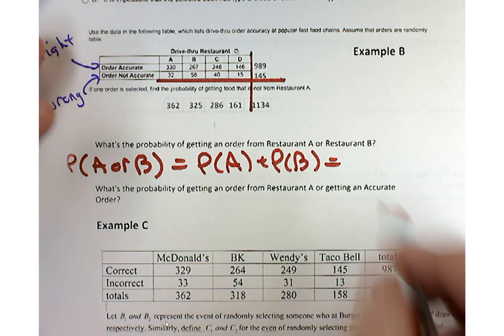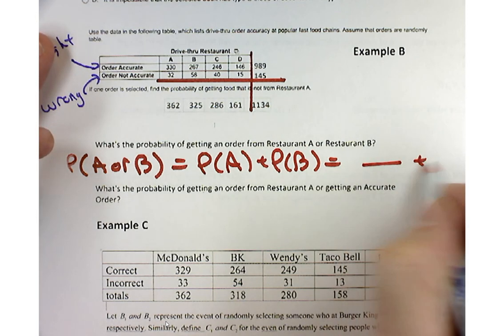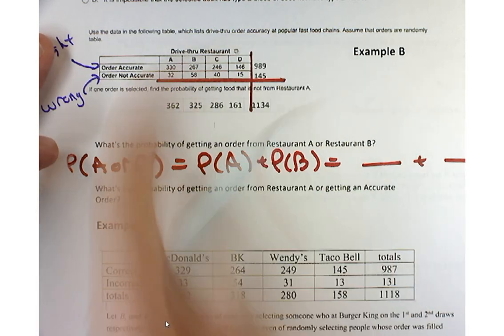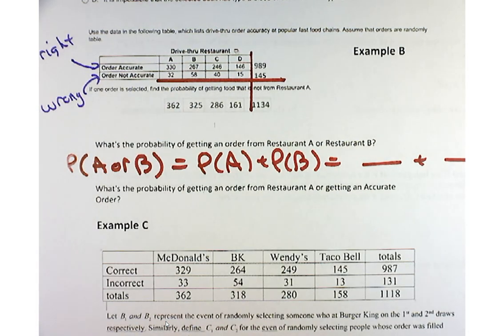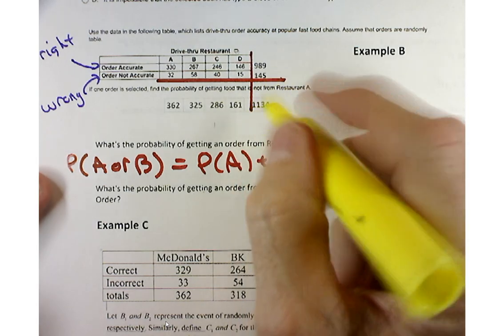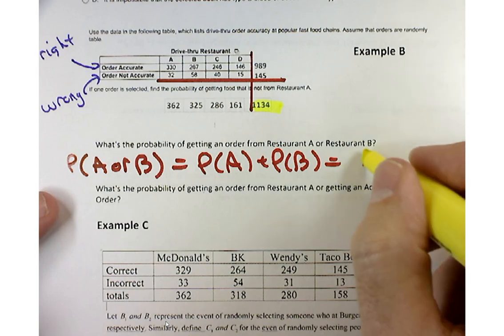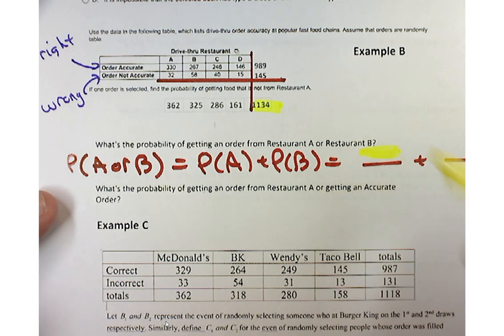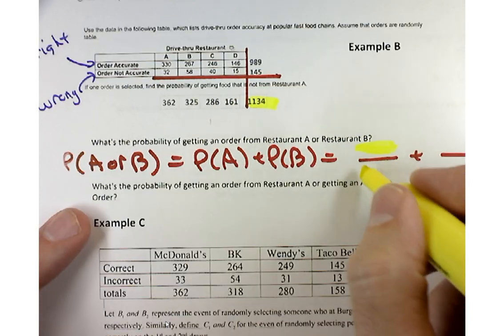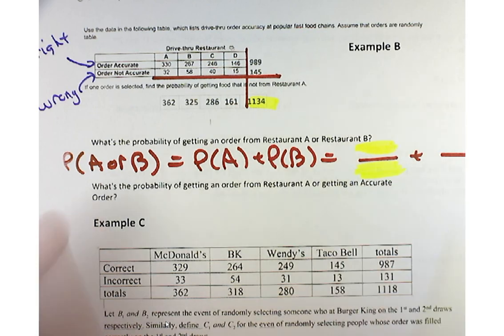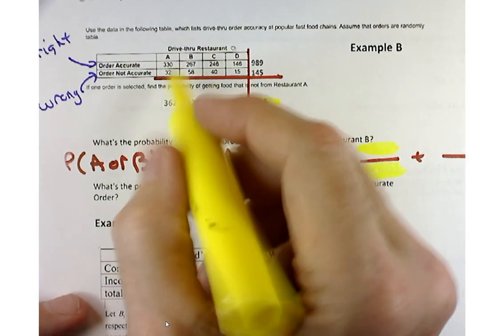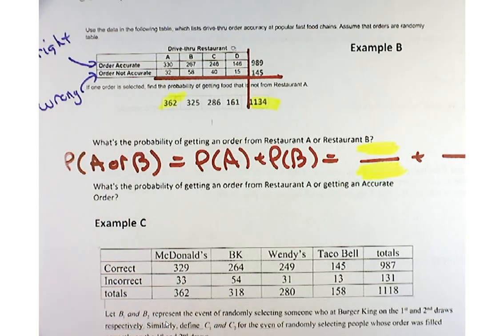So let's figure out the probability of randomly picking somebody from these 1,134 people that went to restaurant A. How many went to restaurant A from those 1,134 people? 362. 362, good. So 362 out of 1,134.